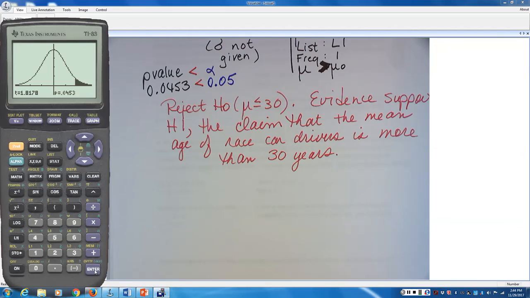So evidence supports H1, which is a claim that the mean age of race car drivers is more than 30 years.